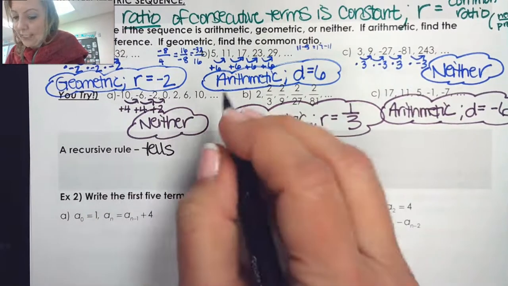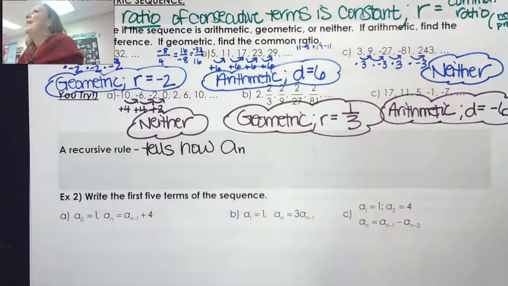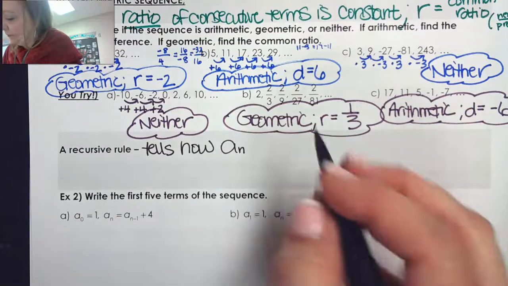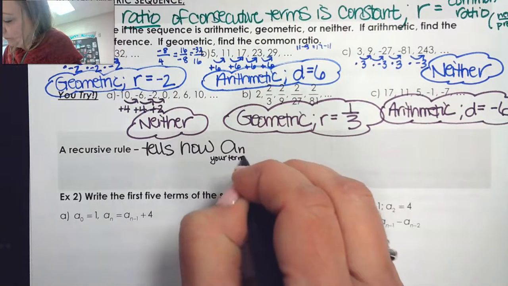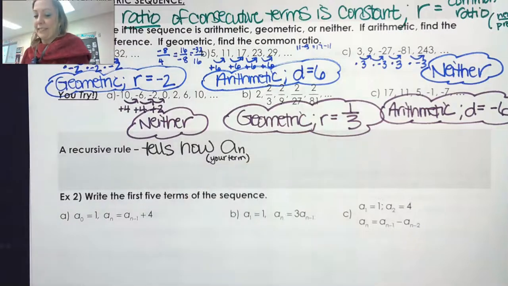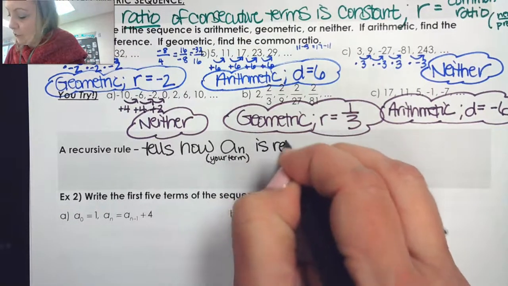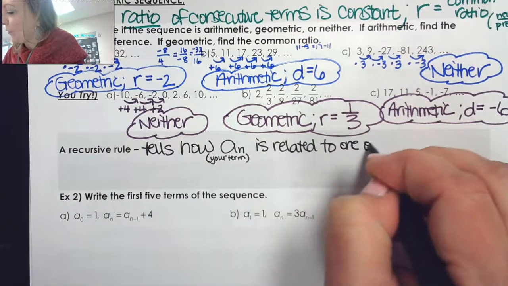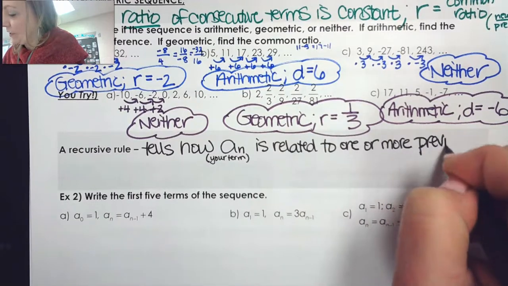A recursive rule tells how A sub n, and A sub n is representing like your next term, so it tells how A sub n, your term, is related to one or more previous terms.